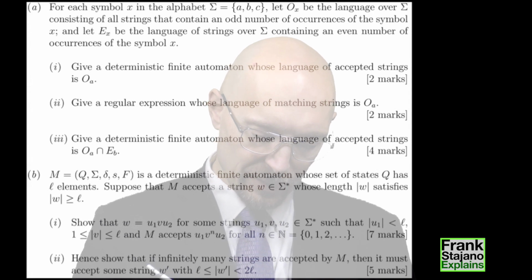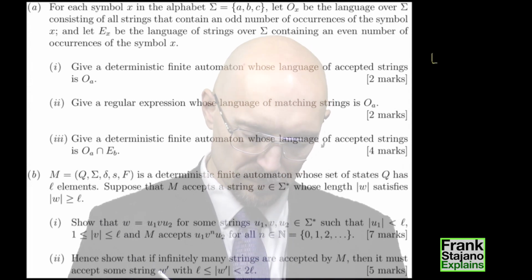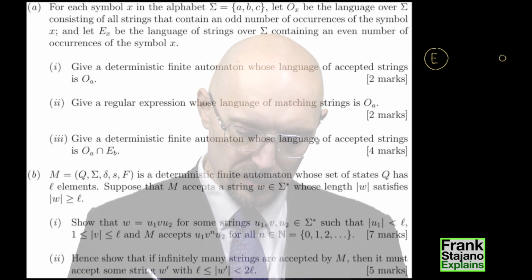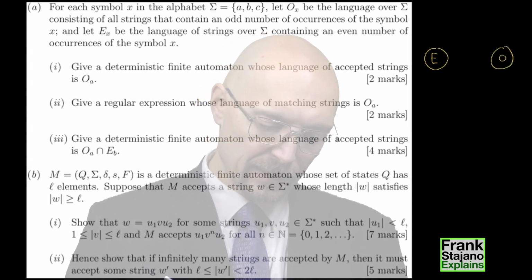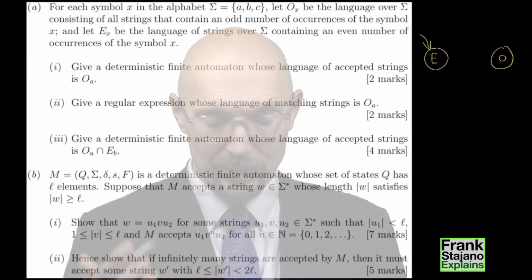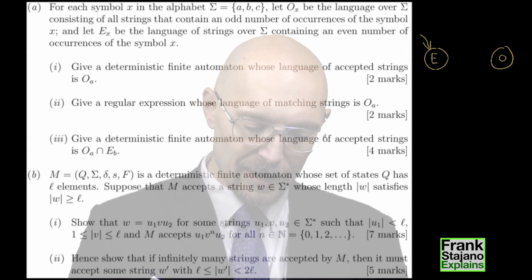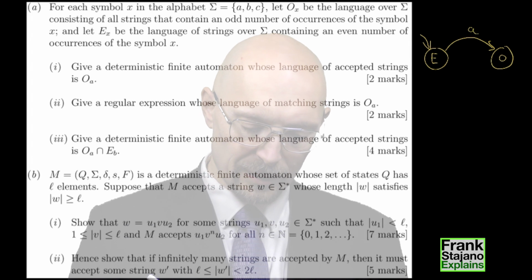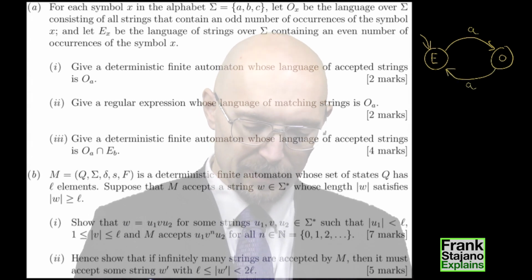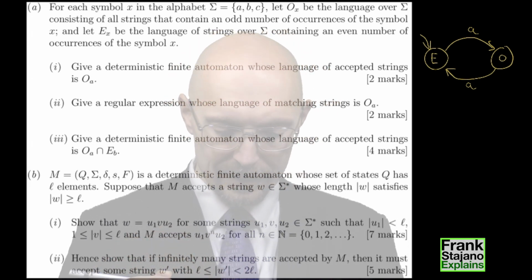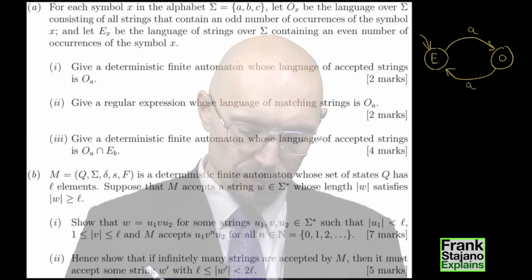So I'm going to have a state called even, and another state called odd, and I start in the even state because the empty string has no A's. Whenever I get an A, I go to the odd number of A's state, and whenever I get another A, I go to the even number of A's state. Whenever I get any other allowed letter that's not an A, that is a B or a C, I don't change the state.